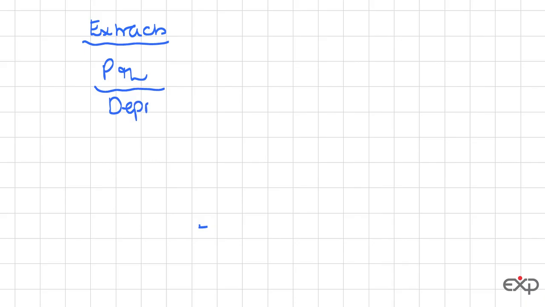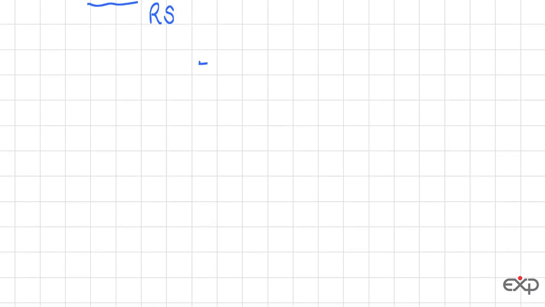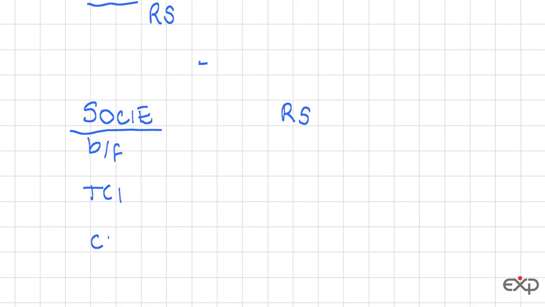In my answer, I'm going to explain what the extracts would be. I want some extracts from the statement of profit or loss. In here, I'm going to see what the depreciation will be. And then in other comprehensive income, we're going to show the movement on the revaluation surplus. In the statement of changes in equity, we're going to see that there will be a revaluation surplus with a brought forward, a movement from TCI, and a carried forward.